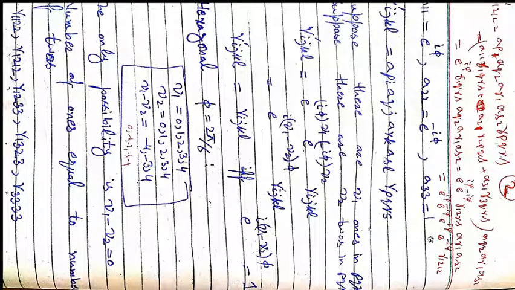Now here you can see that you can write e power iota phi whole power 2 and e power minus iota phi whole power 2. So here nu 1 is 2 with the power of e power iota phi, and with the power of e power minus iota phi nu 2 is also 2.